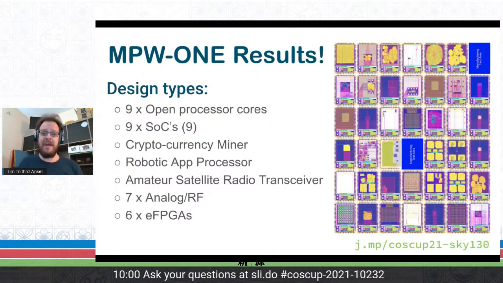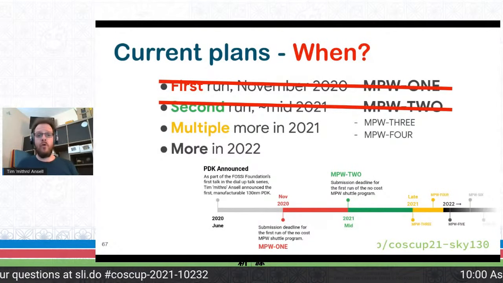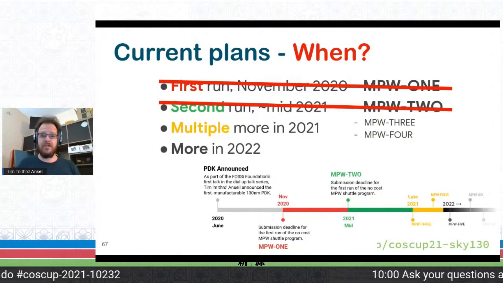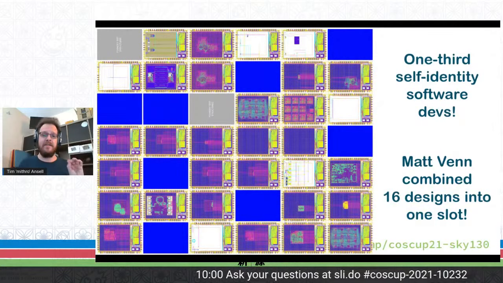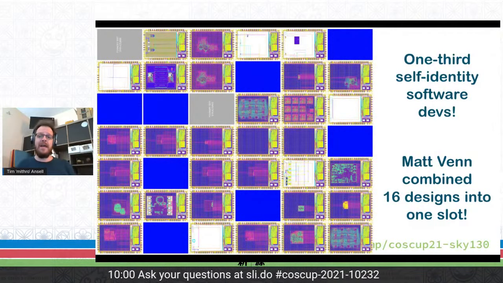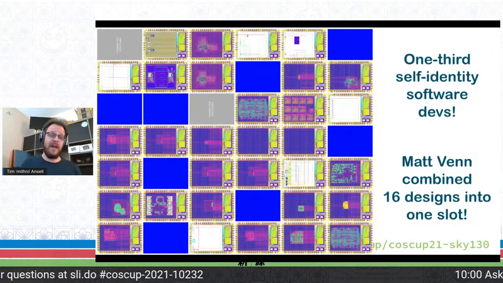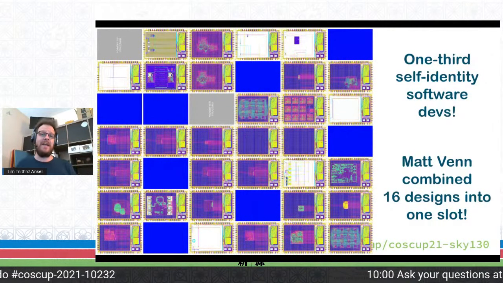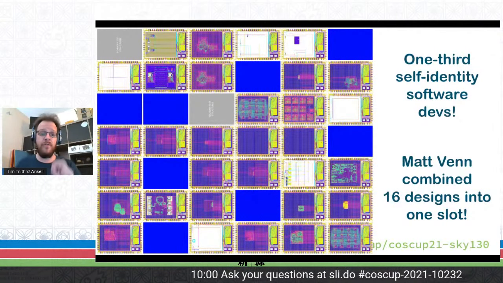If you're also paying close attention, you may have noticed that MPW2 also was recently finished, and we got another 40 designs taped out and ready to go. And in MPW2, 1/3 of the developers submitting a design self-identified as not hardware people, but software devs.